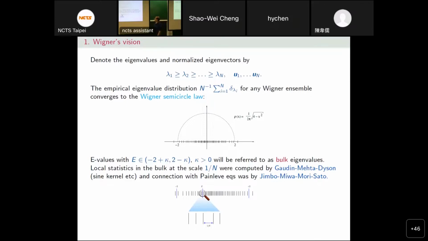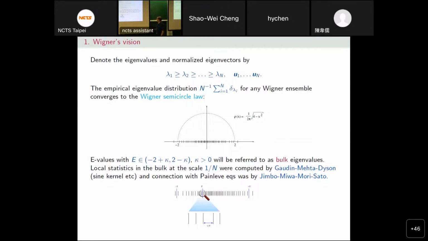This was proved by Wigner, but he only proved it in the sense that the density converges, so you don't know any fine structure. Later, physics wanted to understand the spacing statistics between two eigenvalues.